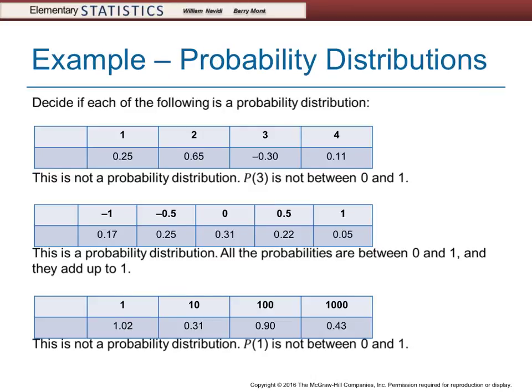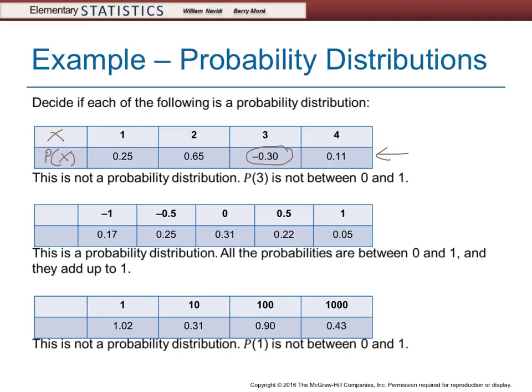So here's an example of different probability distributions, and we have to decide if they are a valid probability distribution or not. In the first example, x and p of x, here is our probability distribution, supposedly, but when we add it up, it does not equal 1, and furthermore, we have a negative 0.3, which is not allowed under our rules.